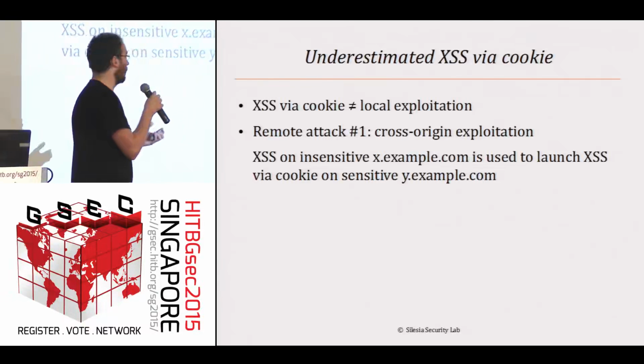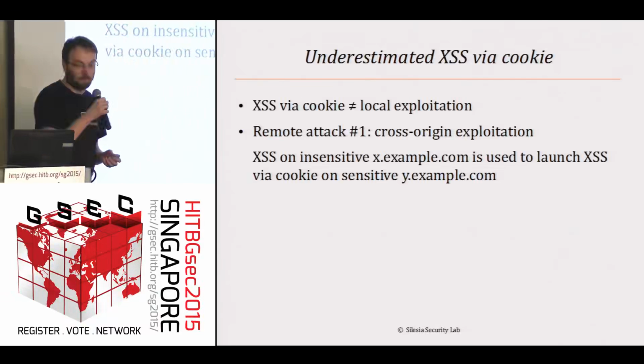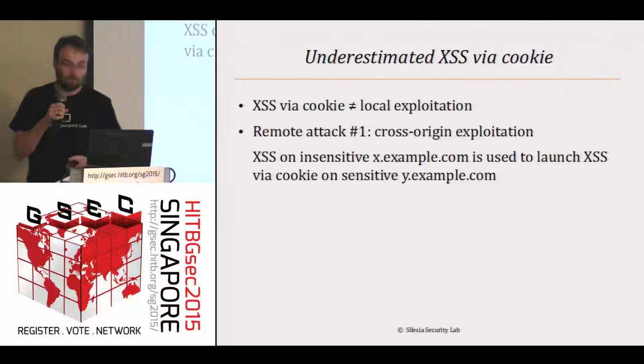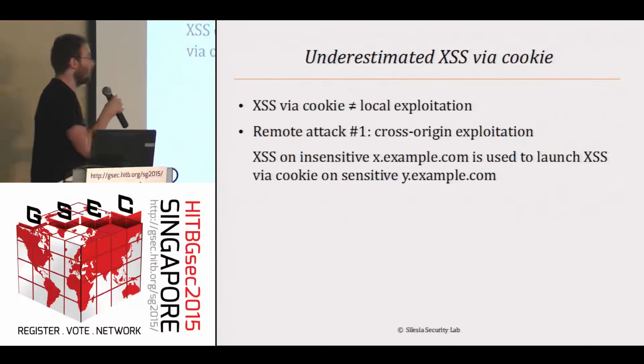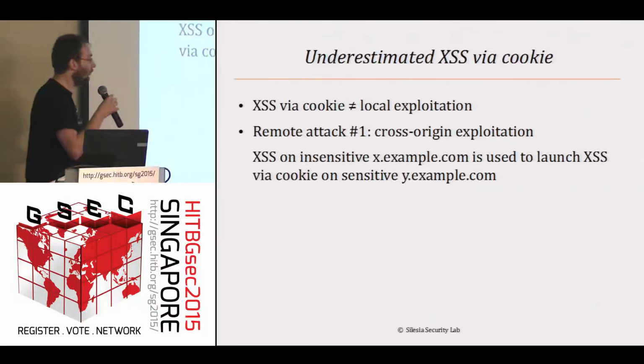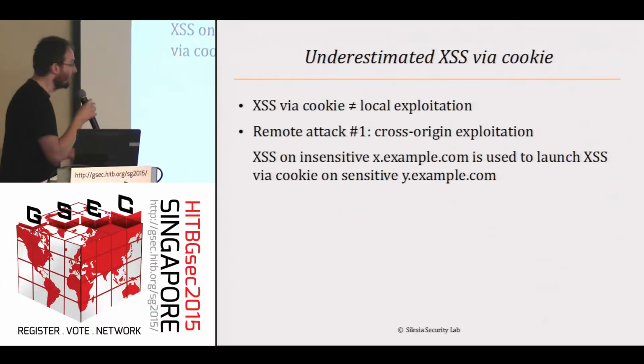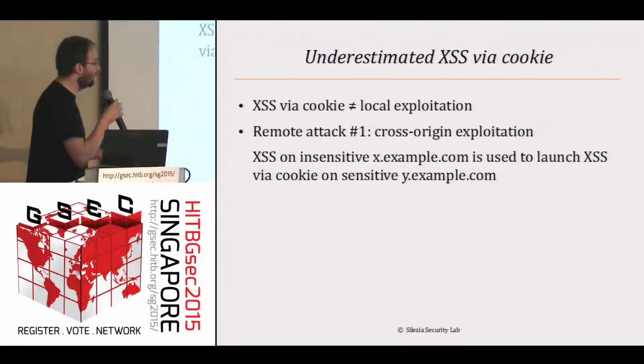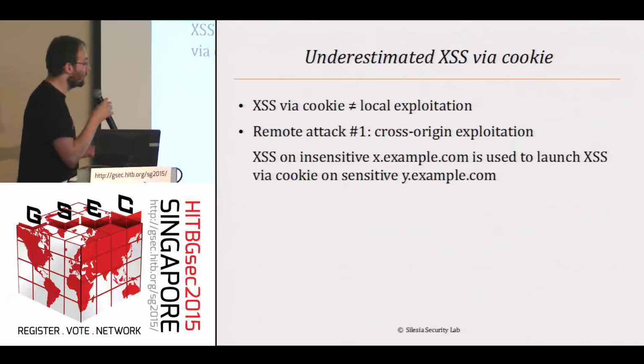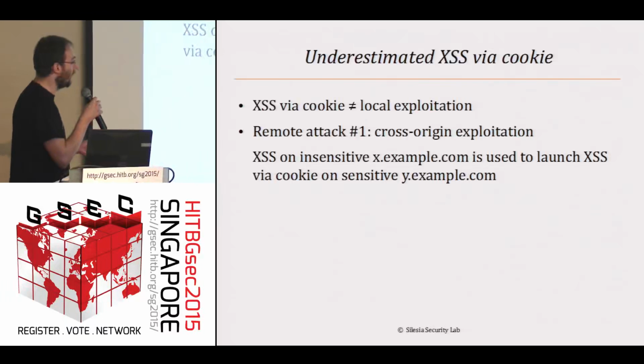Quite a nice combination of things, and it is really also helpful in practice. So this is one way of doing it completely remotely. And don't focus only on your target here. Your target is like this, but there might be many interesting insensitive things on other subdomains.